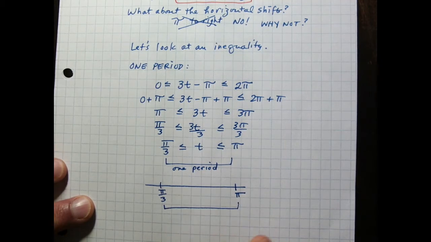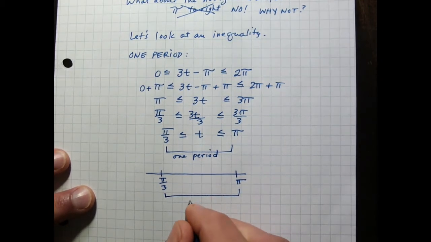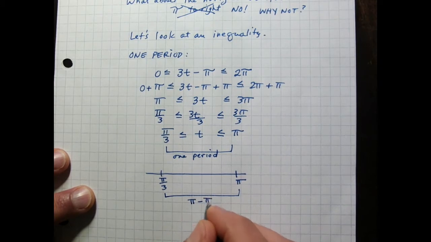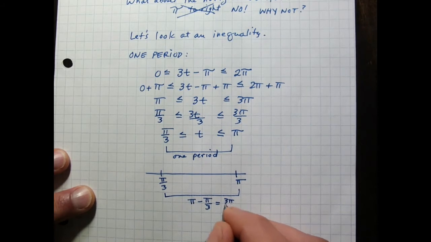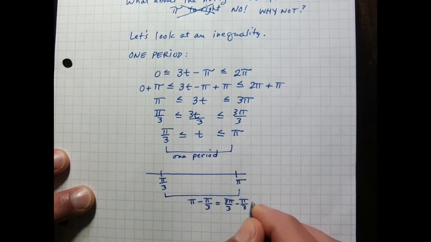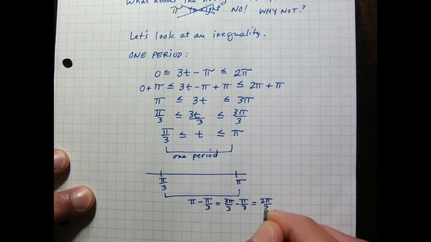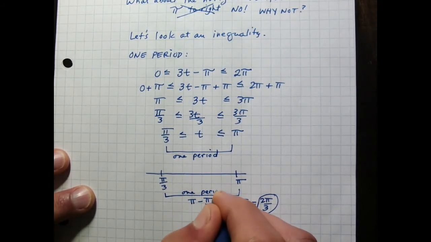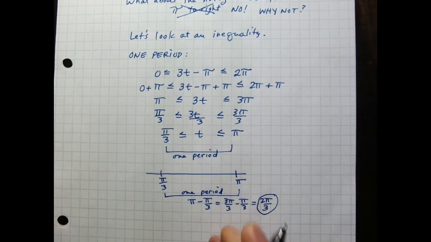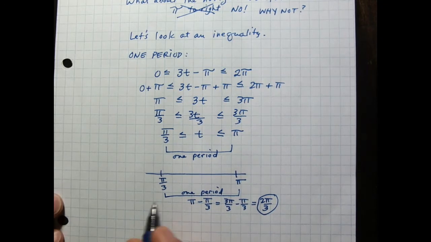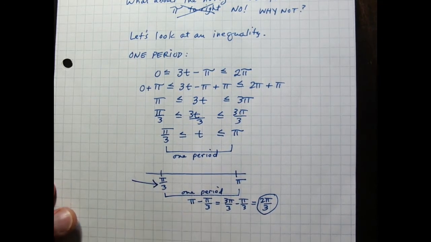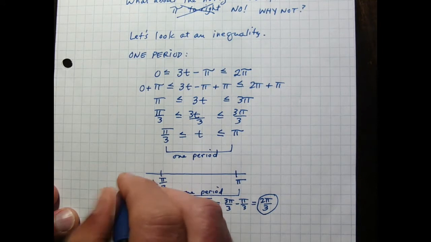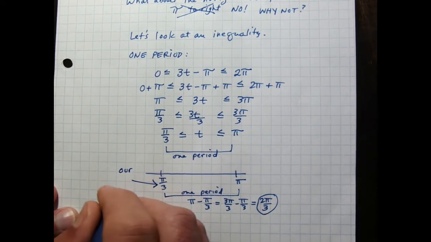This distance is pi minus pi over 3. We have to subtract. That's like 3 pi over 3 minus pi over 3, which is 2 pi over 3. So there's our 2 pi over 3. This is one period, the distance from pi over 3 to pi. And this pi over 3 at one end is our horizontal shift.